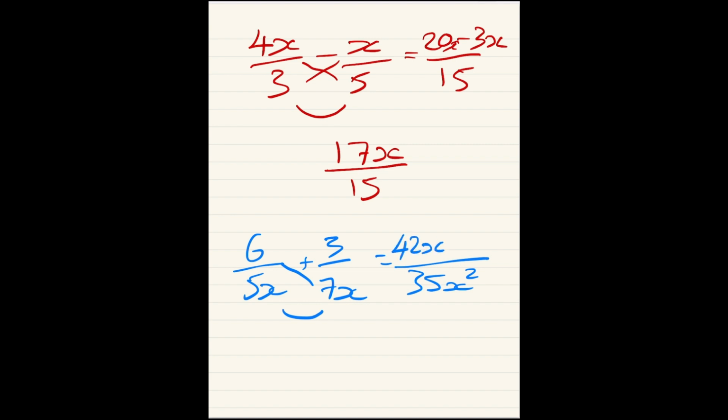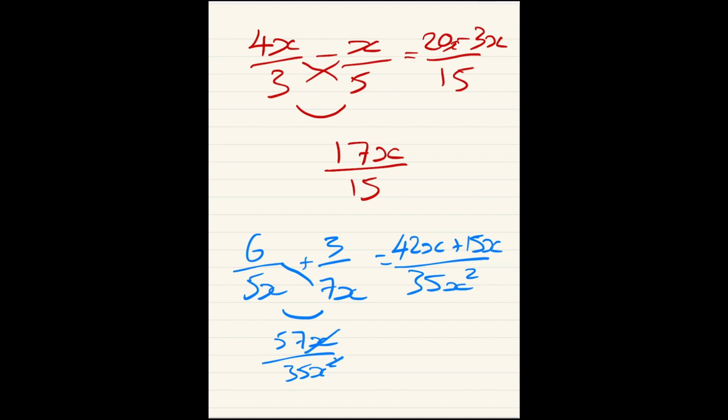And 5 lots of x times 3 is add 15x. Okay, what we can do at this point, and as I said, we're simplifying our algebra, is, well, let's just add these together at the moment. So we're going to end up with 57x over 35x squared, as I can eliminate an x for an x.